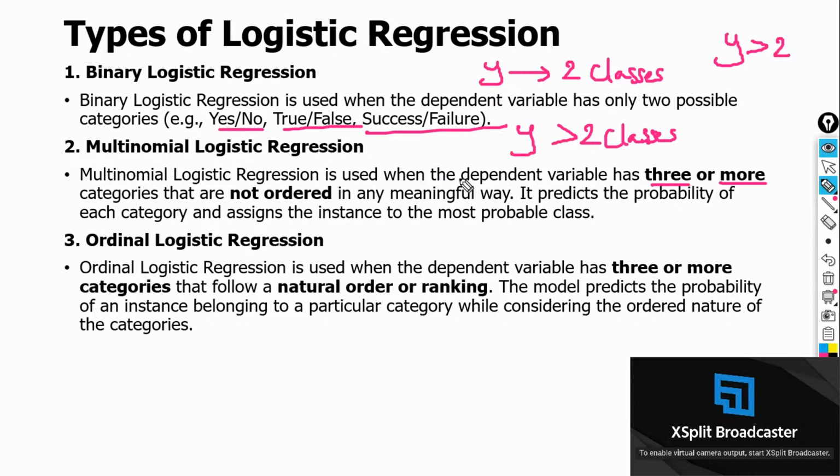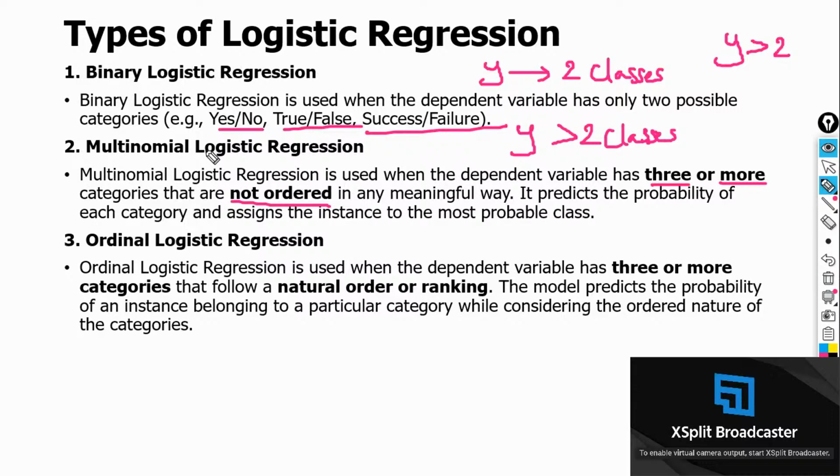Ordinal means data which can be ranked or ordered. In the same way, if the categories that you have under the y column are not ordered, and we cannot order them in a meaningful way, then we can use multinomial logistic regression.